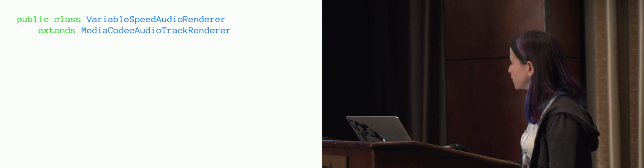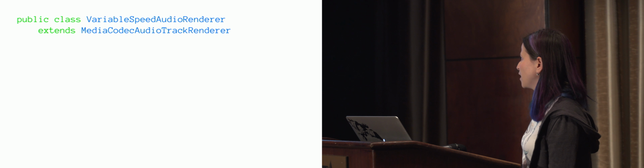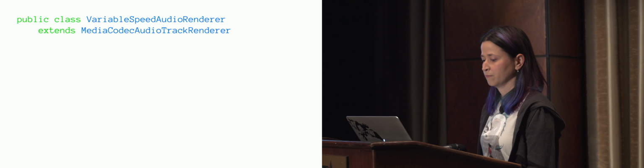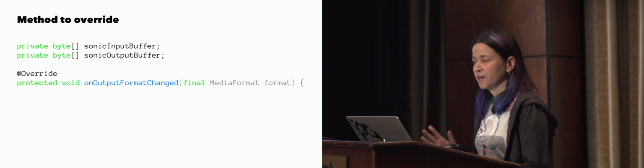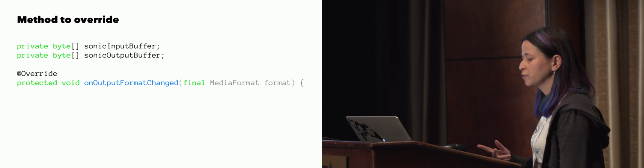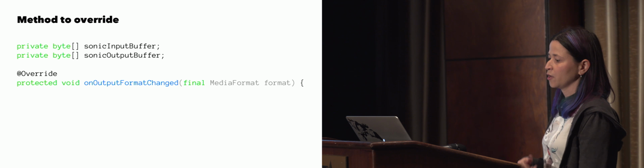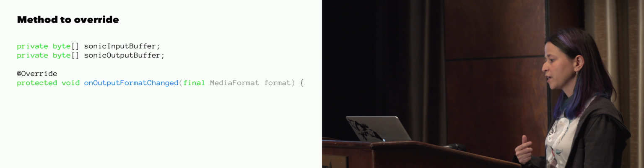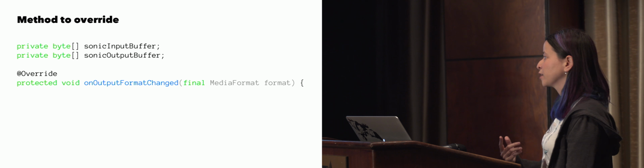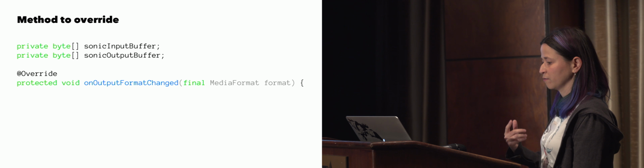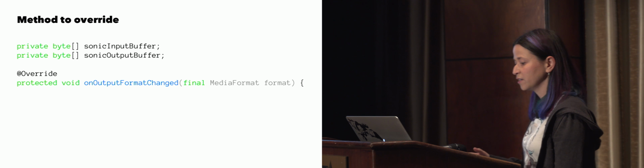And that's basically what we did. We just extended the MediaCodecAudioTrackRenderer. In it, we overrode two methods. One of them was onOutputFormatChanged, which happens most of the time when a track is first instantiated.